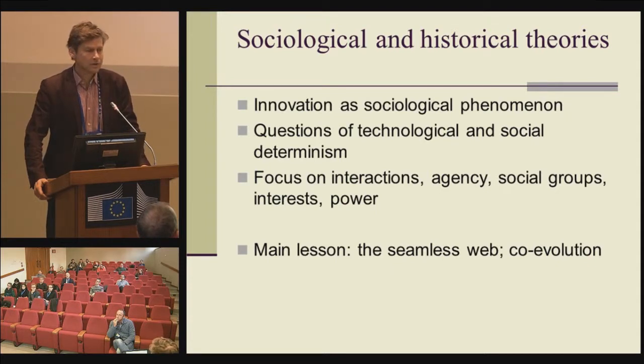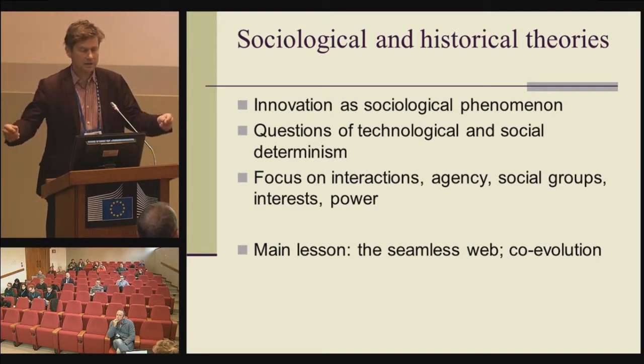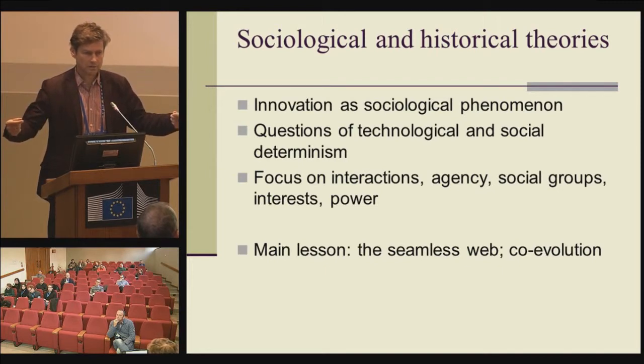And the other term that comes up is the idea of co-evolution. So you cannot see technology and innovation as just in one corner and society in the other corner. It builds up at the same time, in the same way. When you build technologies, you build society.